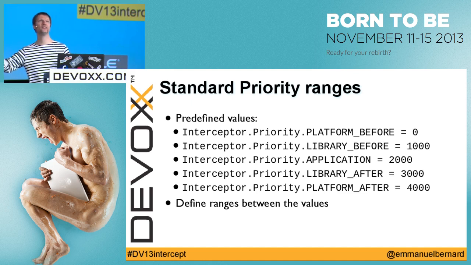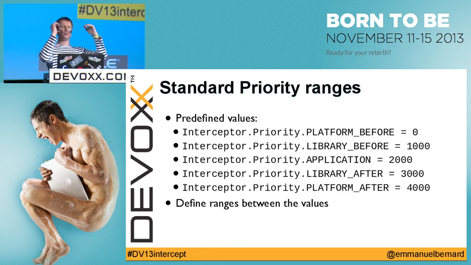So what are the priority ranges I was talking about? Think about it. We've got three types of interceptors: the platform level interceptors, like the Jakarta EE level interceptors; the library interceptors, like library extensions of Jakarta EE that want to do some stuff; and the application level interceptors. In some cases, we want to do stuff before the application and sometimes after the application has intercepted things. So what we define is a few ranges.